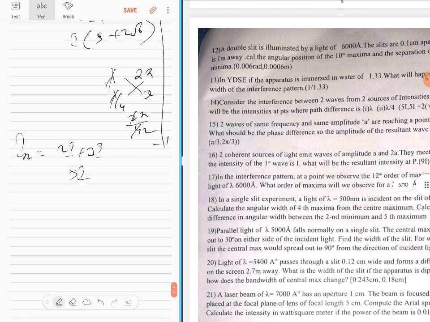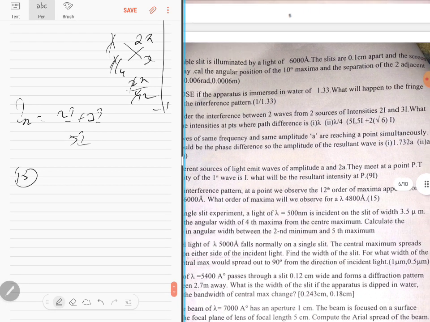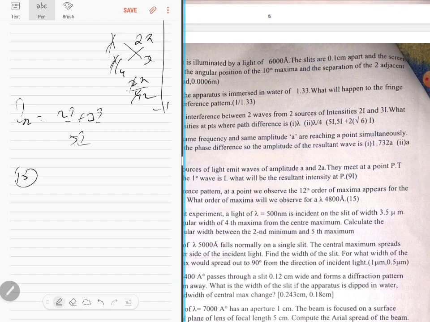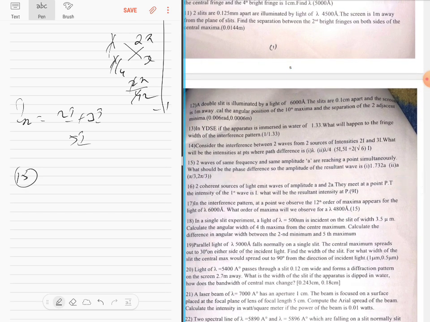Let's go to the next question, the 15th question. Two waves of same frequency and same amplitude A, which means you won't get sustained interference because the amplitude has to be slightly different. Anyway, you can have the same wavelength but slightly different amplitude.